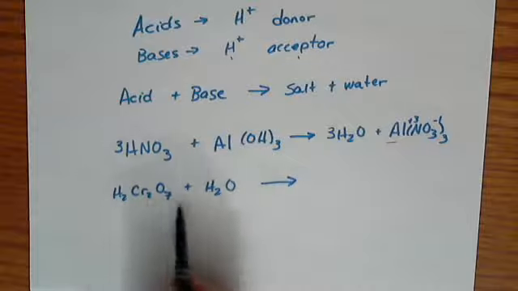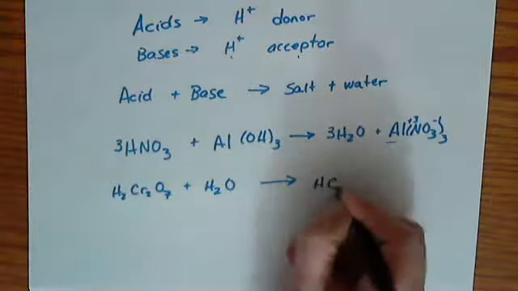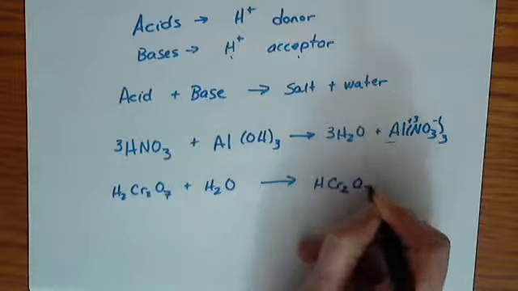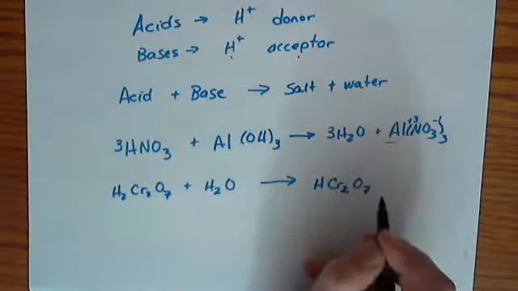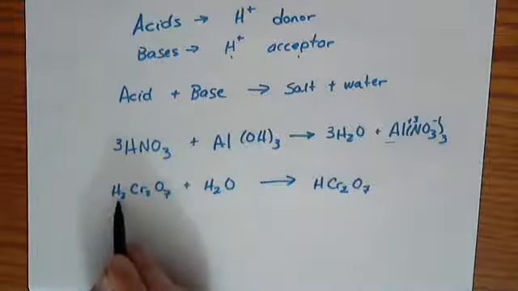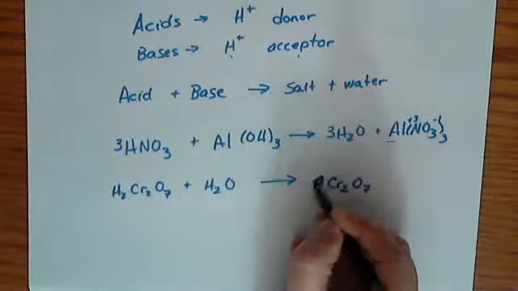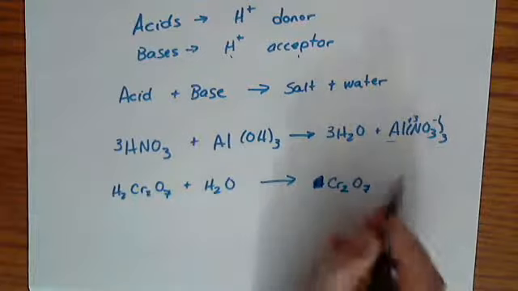Well, this is actually going to be our acid this time, and we're going to end up getting an HCr2O7 minus if we remove one of those hydrogens. But we can actually remove both of those hydrogens because this is a diprotic acid. You can look that up in your textbook.